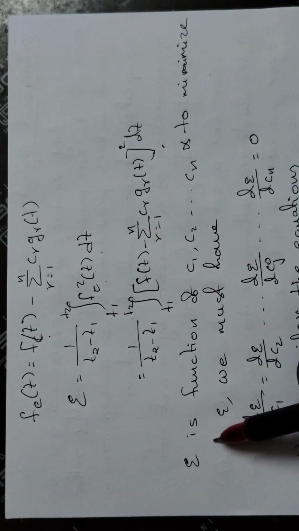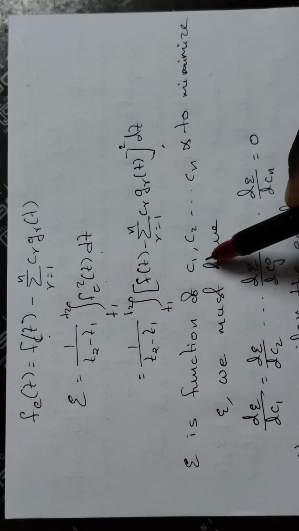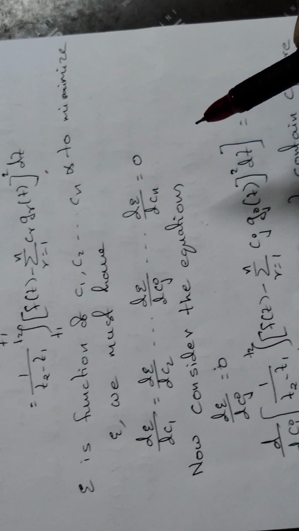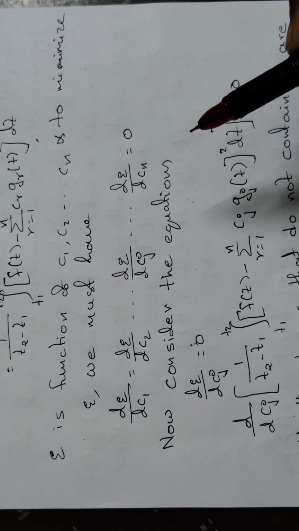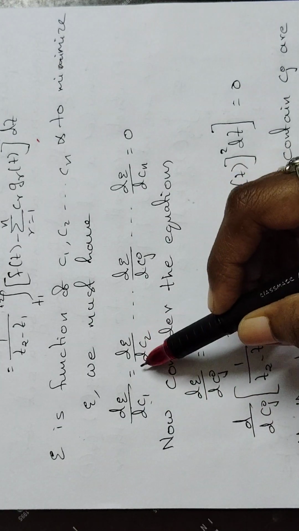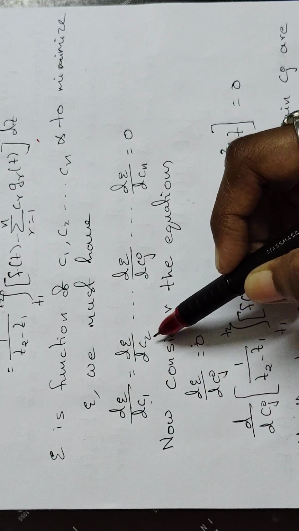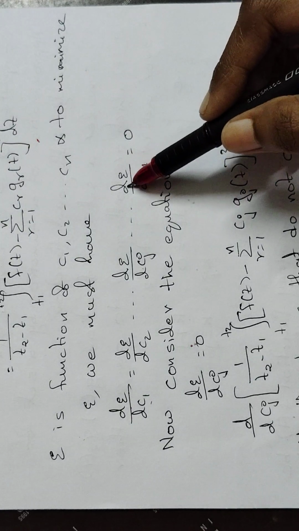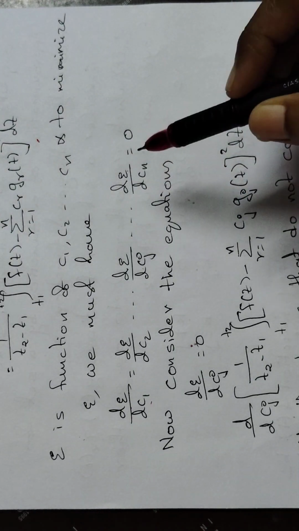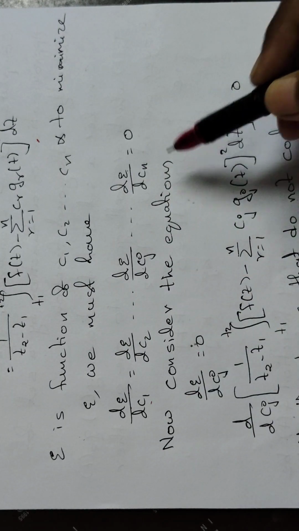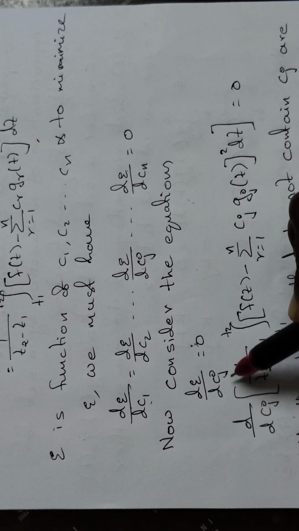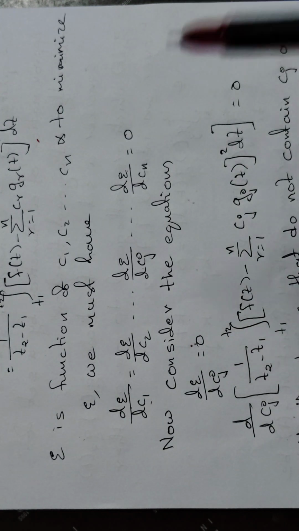So e is a function of c1, c2 and so on up to cn, and to minimize that error, differentiate e with respect to c1 is equal to differentiate e with respect to c2 and so on, differentiate e with respect to cn is equal to 0. Now I am considering the equation differentiate e with respect to cj is equal to 0.